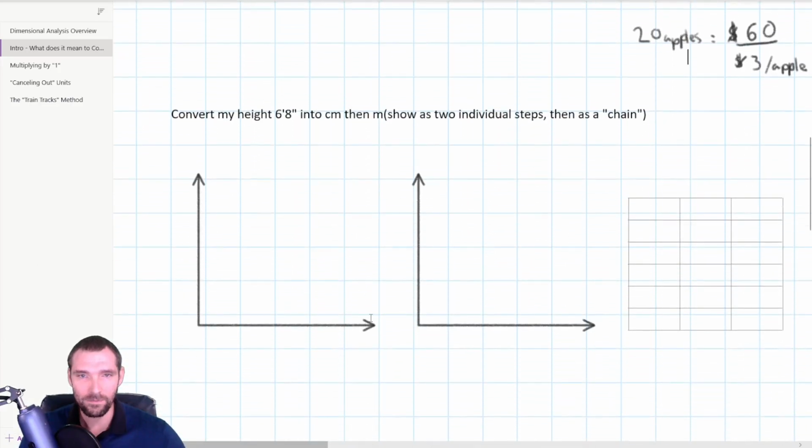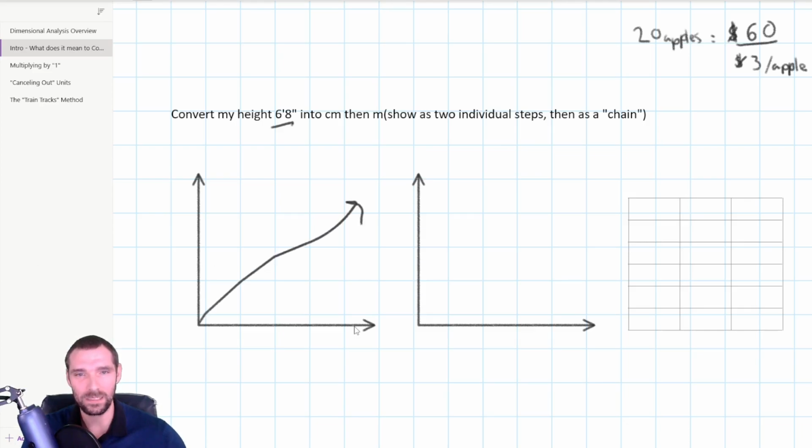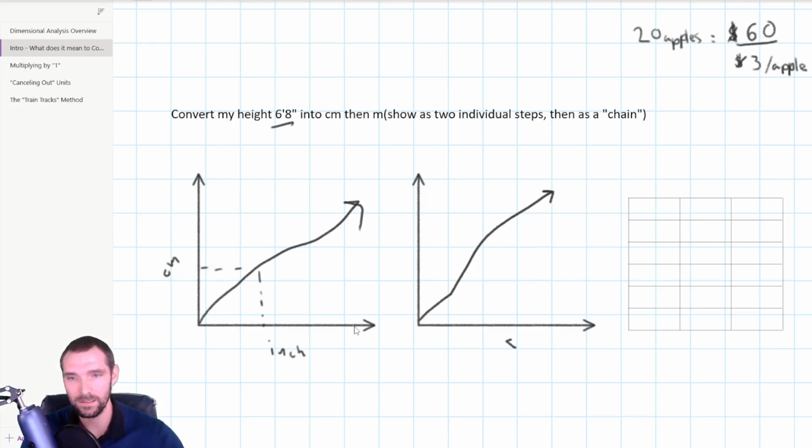Okay. So if I wanted to do a couple different steps, let's say someone's 6'8", that's how tall I am. Let's try and turn that into centimeters and then meters. So the idea is that we're converting that number of inches into centimeters, and then we're going to have to do the same thing with centimeters to meters.